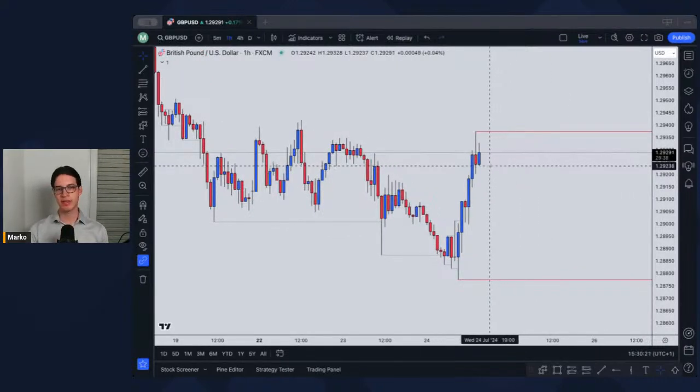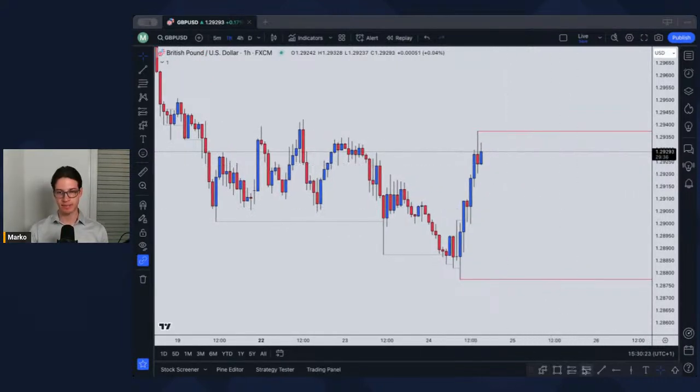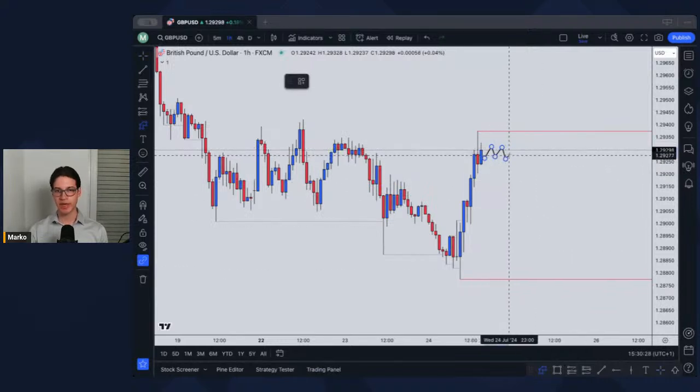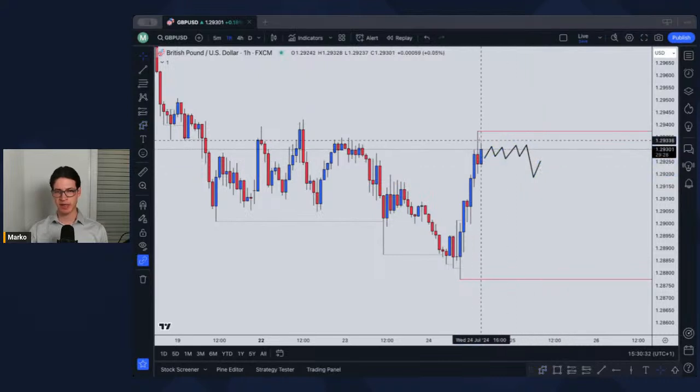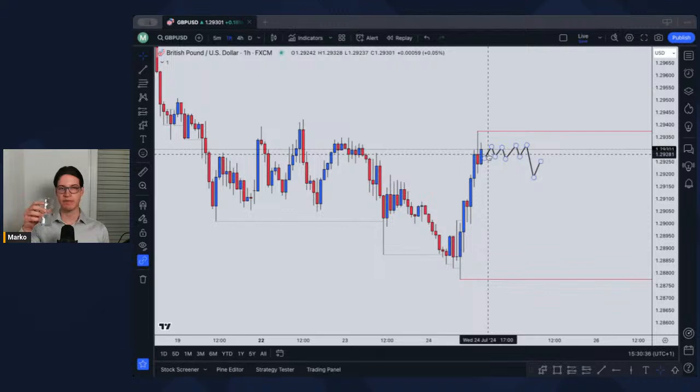But I would still be interested to possibly take a flag setup. If a nice flag forms with a range, I must see the range because this wick is really big. So if we get a nice flat range and then a nice flag entry, I will consider this buy setup.